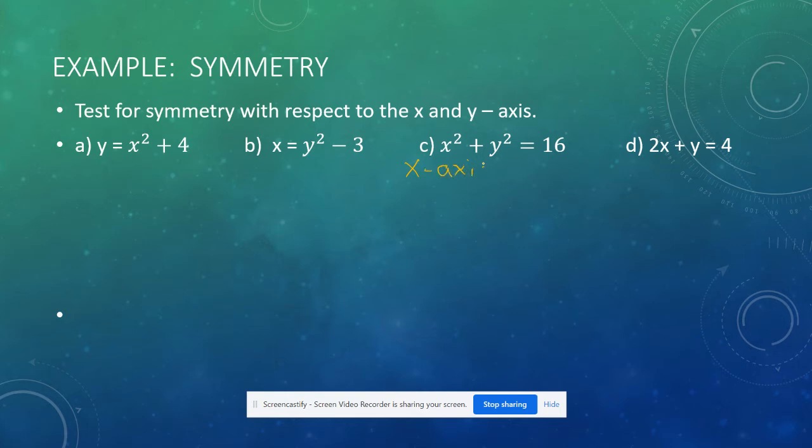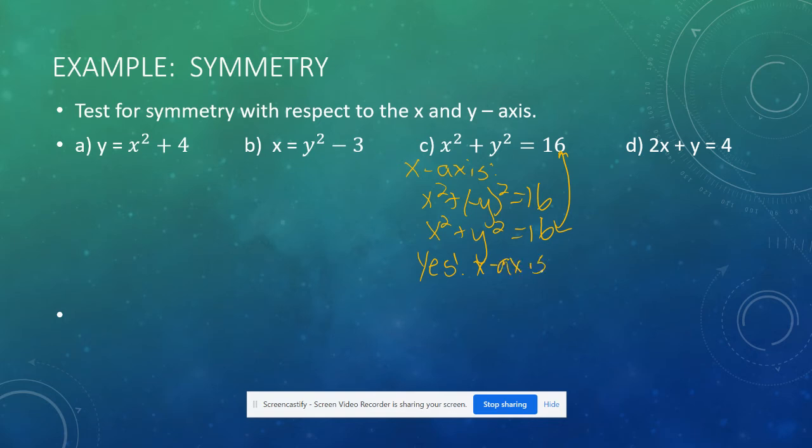All right, x-axis symmetry here. That means we're plugging in a negative for the y. When I simplify, the negative is inside the parentheses, so that stays a positive y squared. And when I check the original with the new one, then yes, we have x-axis symmetry.